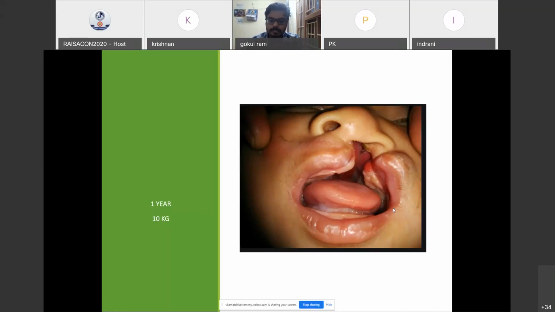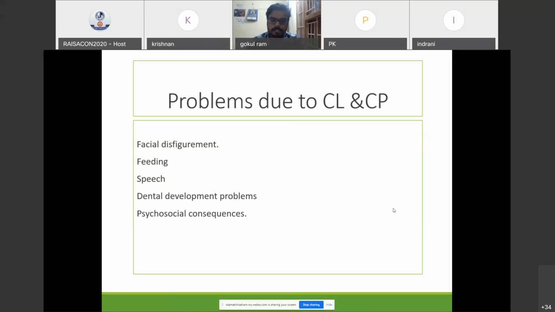So I will look for any nutritional deficiencies, and there will be speech disturbances, and there can be an associated disturbance in the ear due to the drainage of the eustachian tube. So the patient might have hearing difficulties, and if it's an older child, the patient might also have psychosocial disturbances, sir.